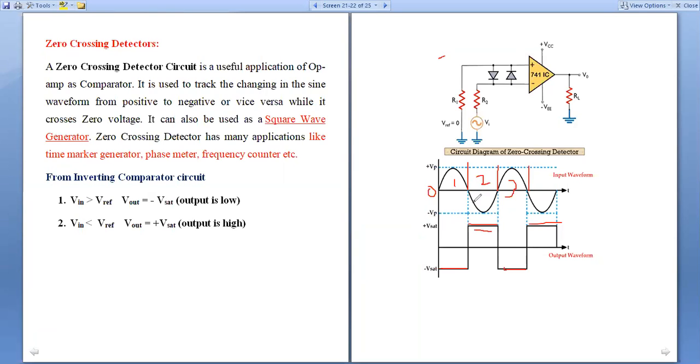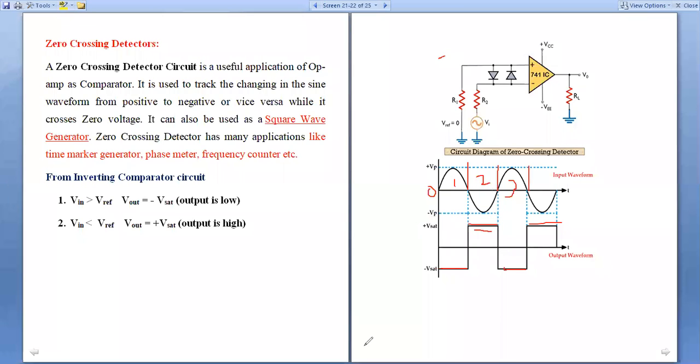It produces an alternating positive peak and negative peak. That's why it is called a zero crossing detector. It will produce alternating peaks of output at the time of the input voltage crossing zero.